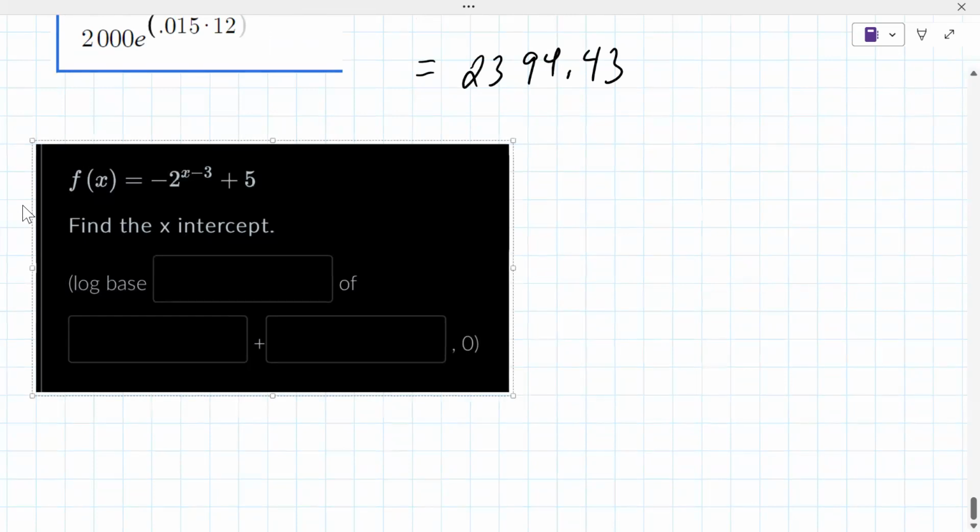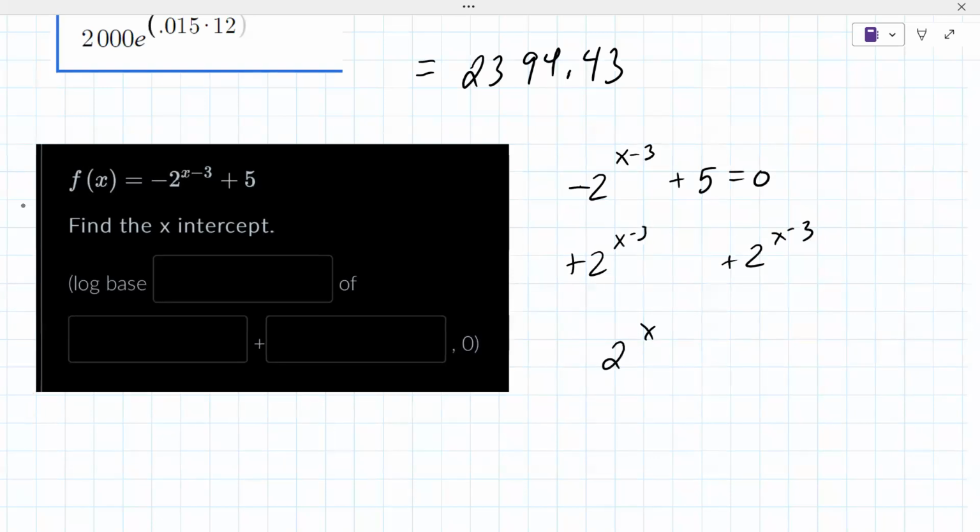This is really find the x-intercept. So the x-intercept is when you set this equal to 0. So when you do that, and let's just presume you move the 2 to the x minus 3 to the other side of the equation. You have 2 to the x minus 3 equal 5.